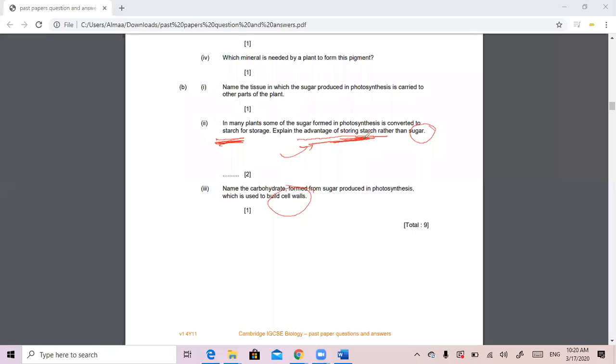I want Hur. Where is Hur? Because it is used to make a part of the leaf. Okay. Used to make the cytoplasm. Starch is used to make.